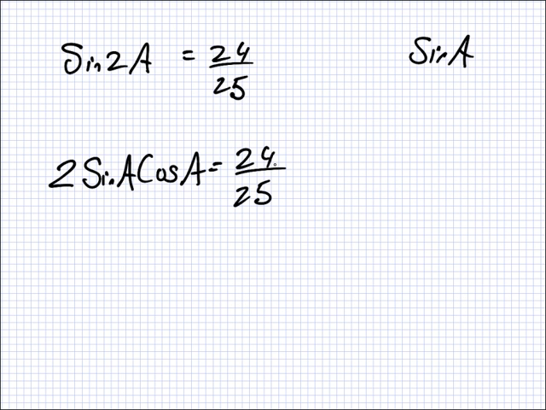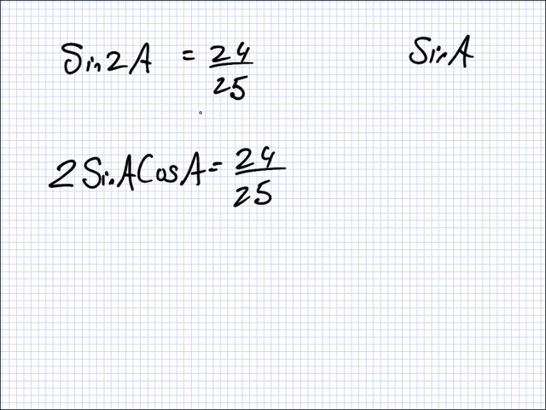Now we want sine A, and here is the problem. Not only do we have sine A, we have sine A cos A, and we're not going to be able to isolate sine A or cos A. Can we say sine A plus A? That gives us the same result, so that won't help us here. We don't really want sine A and cos A, we just want sine A. So we need to get rid of the cos A.